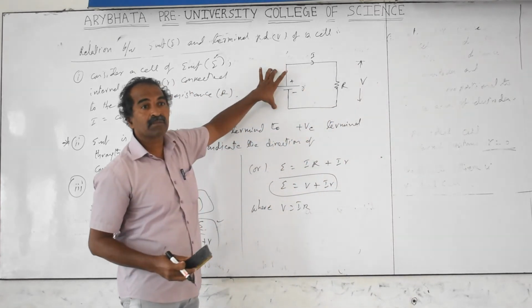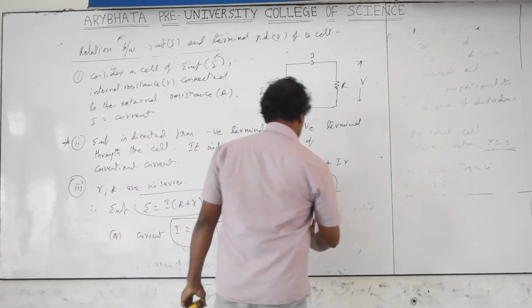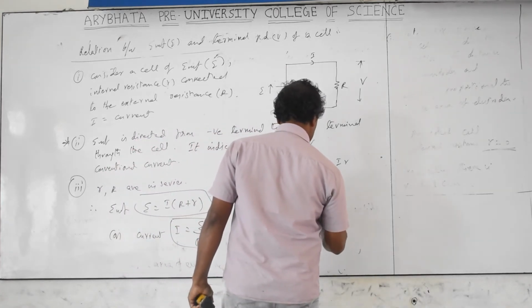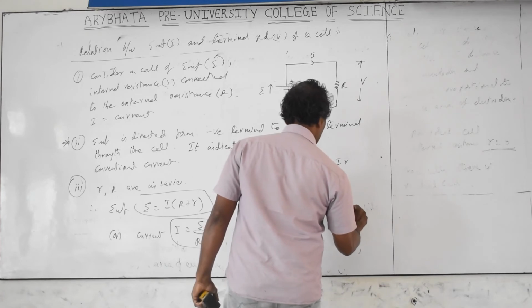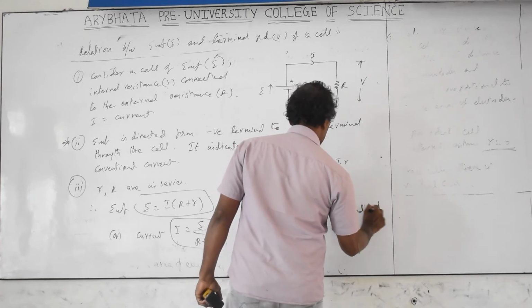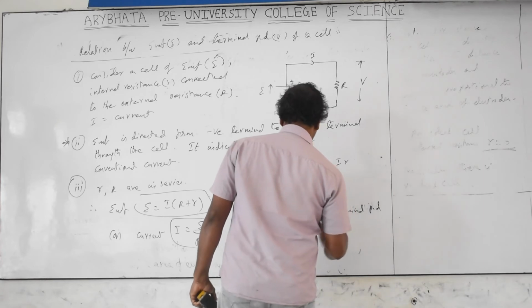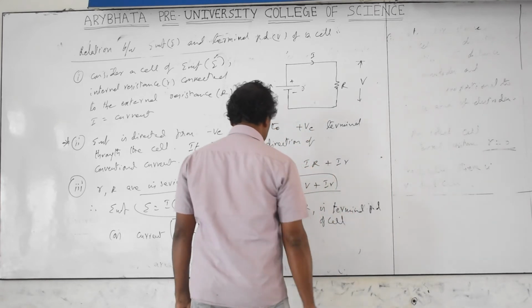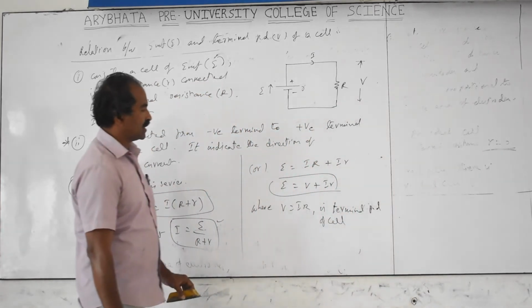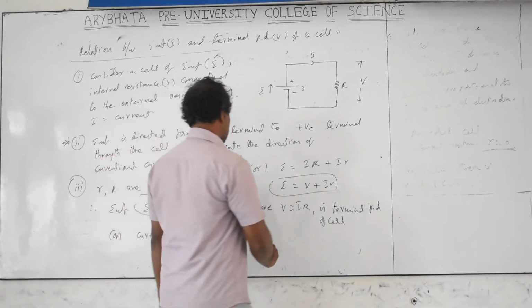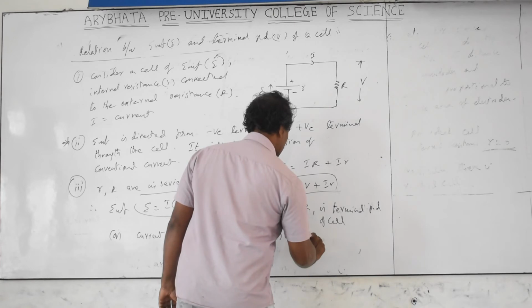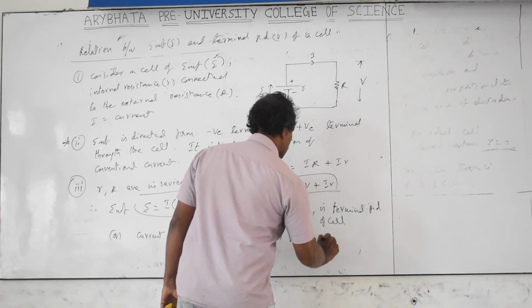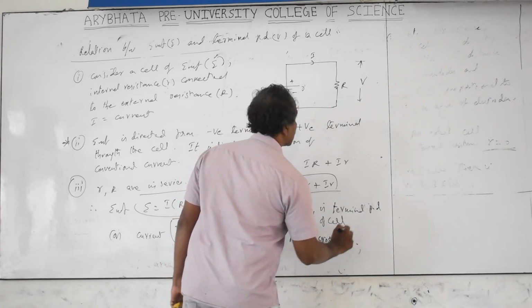It is called the terminal potential difference of the cell. It is also the voltage across the external resistance, or PD, potential difference across R. One and the same.